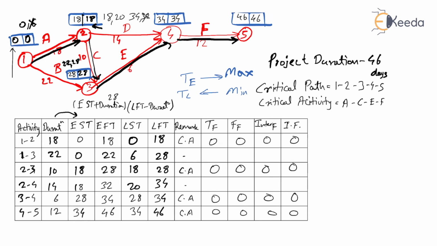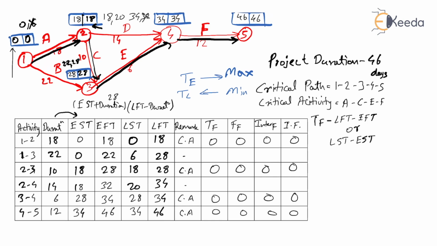Now let us calculate the total float. To calculate total float, we can use a simple formula. Total float is equal to LFT minus EFT for that particular activity, or LST minus EST. You can use either of the two, anyone you like. So let's use LFT minus EFT.